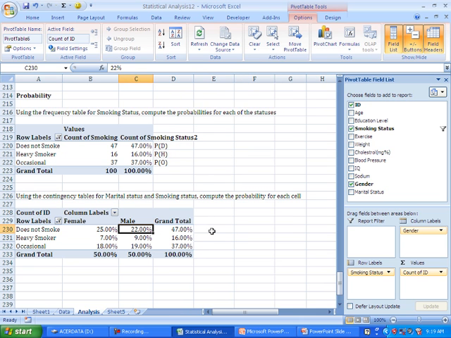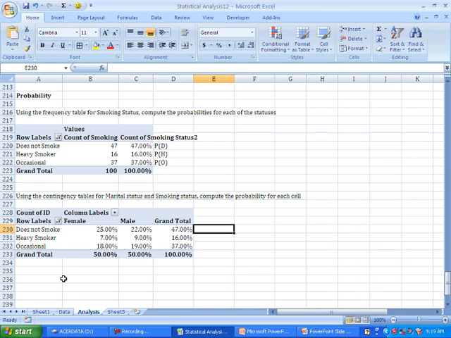If I have to write it slightly better, we'll write it as probability of does not smoke and female is 25%.